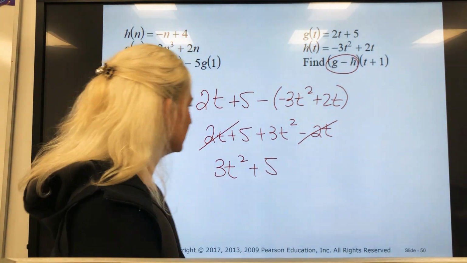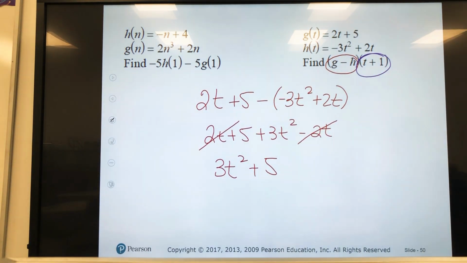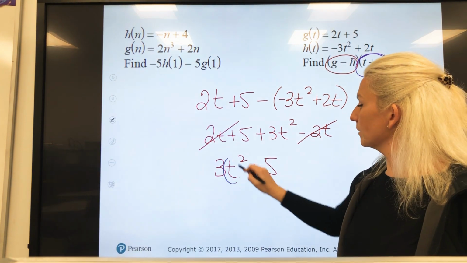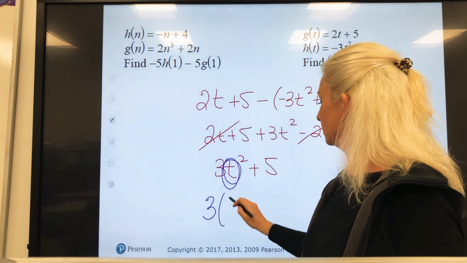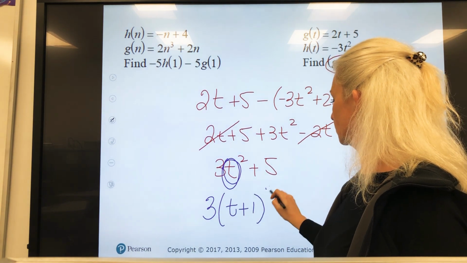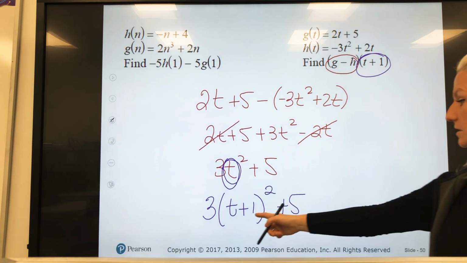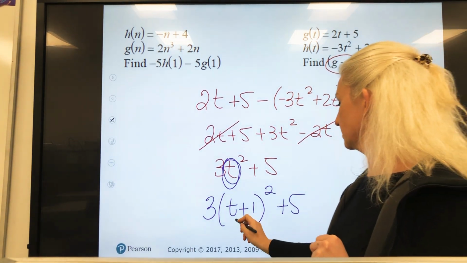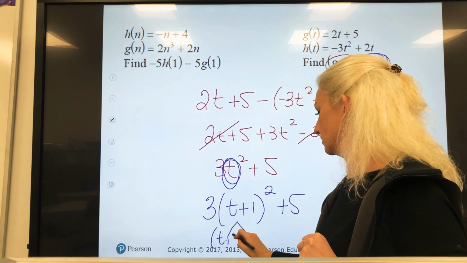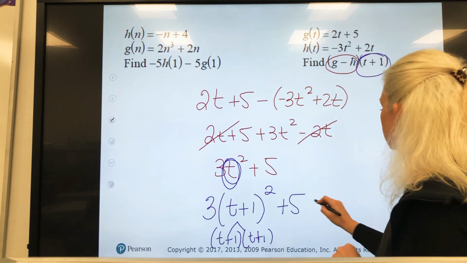Okay, now my last part is I'm going to go over here. Now I have to substitute in the t plus 1. So that means I'm going in here, and I'm replacing this with t plus 1. So that's 3 times (t plus 1) squared plus 5. Now remember, this is t plus 1 times t plus 1, right? Right, so let's continue.